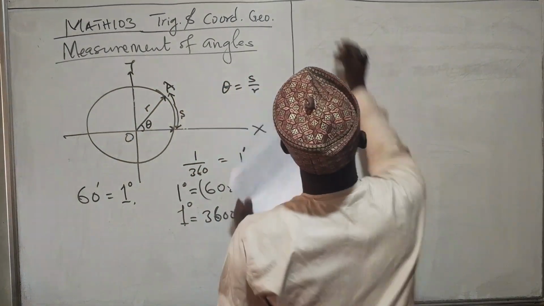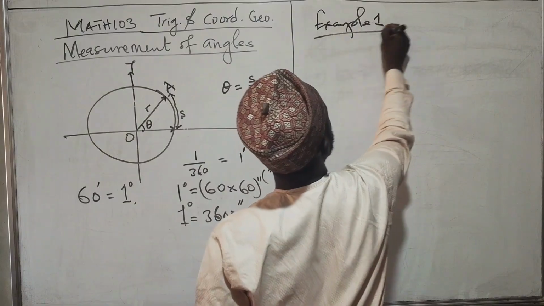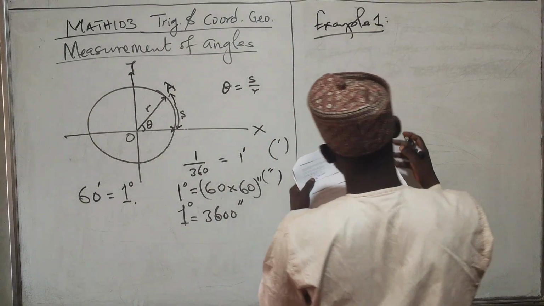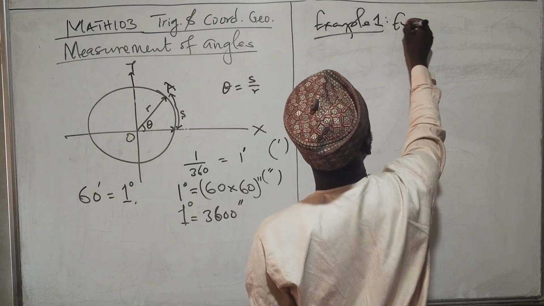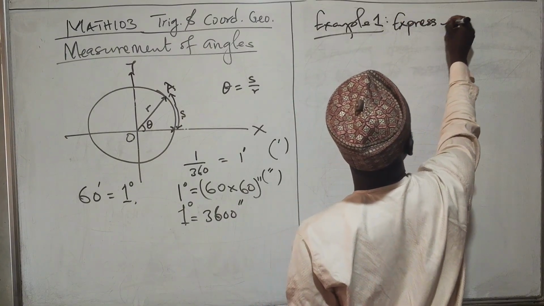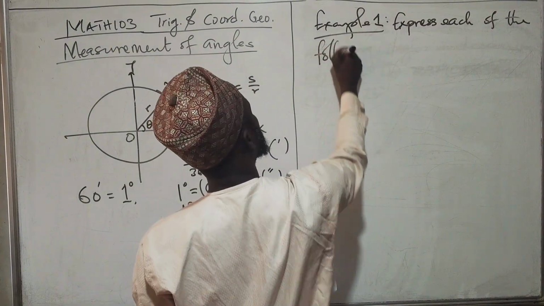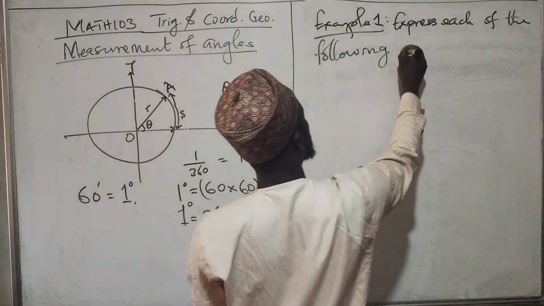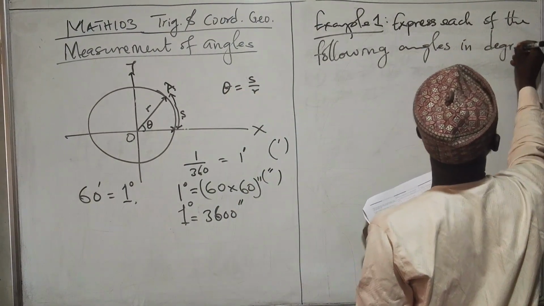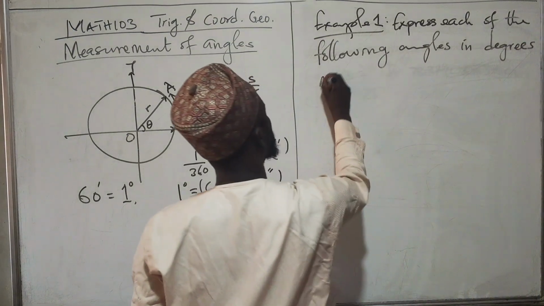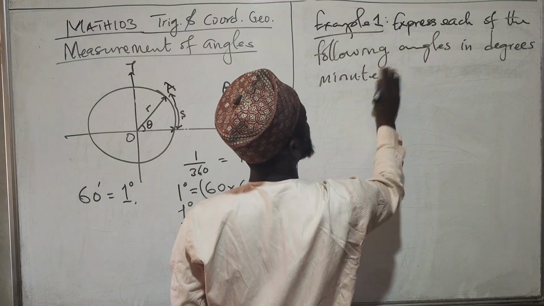All right, we have example 1. Example 1 is saying express each of the following angles in degrees, minutes, and seconds.